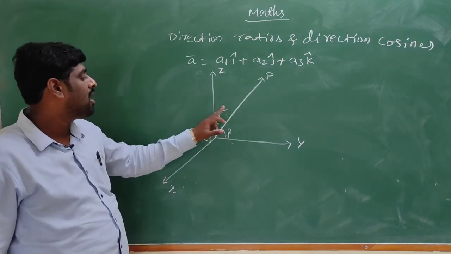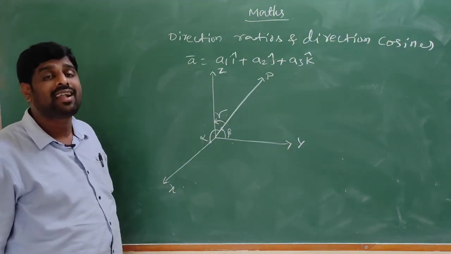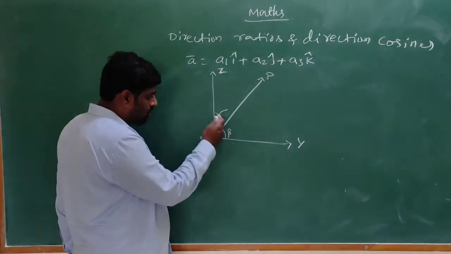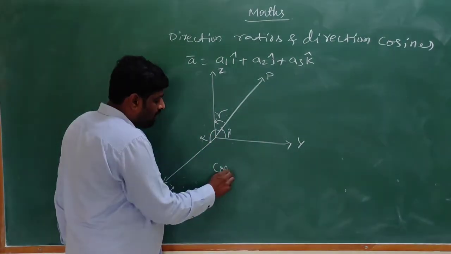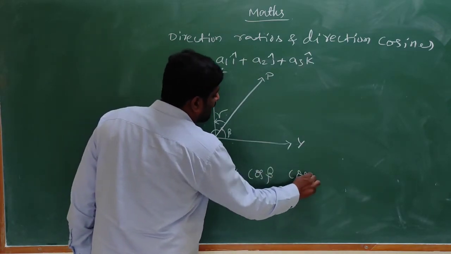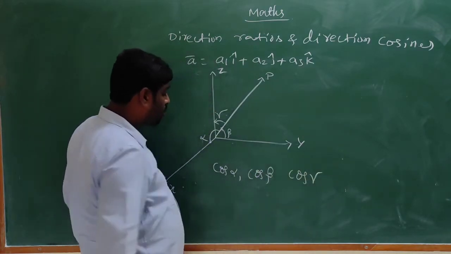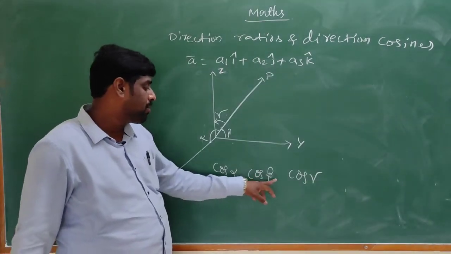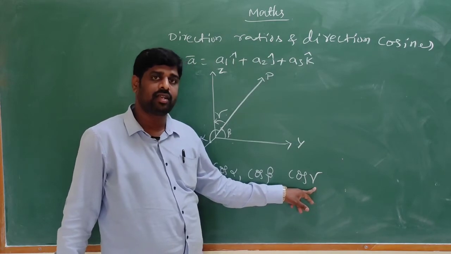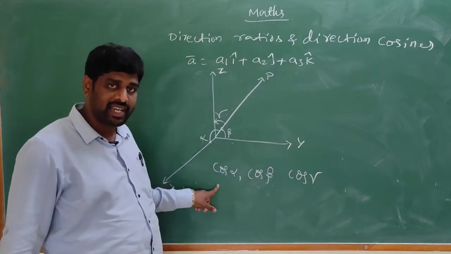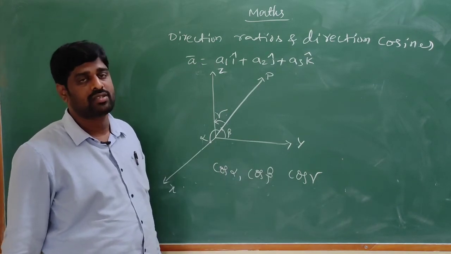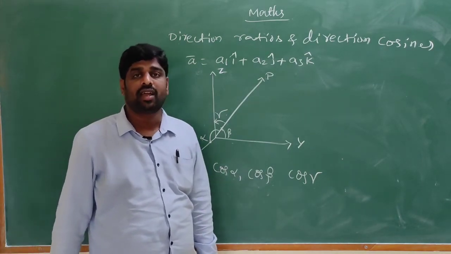Alpha, beta, gamma are direction angles. Now we should use cos alpha, cos beta, cos gamma. These are called cosines, which is why they are direction cosines.